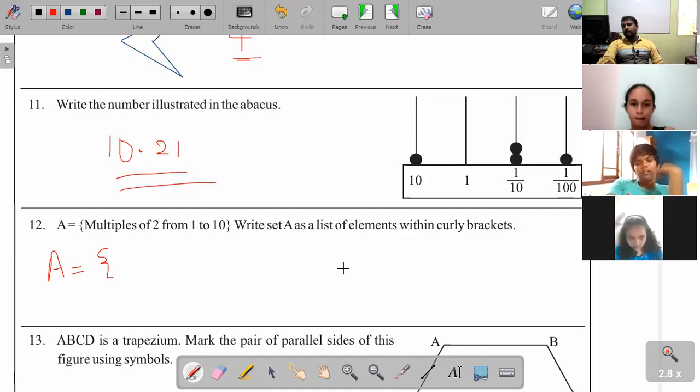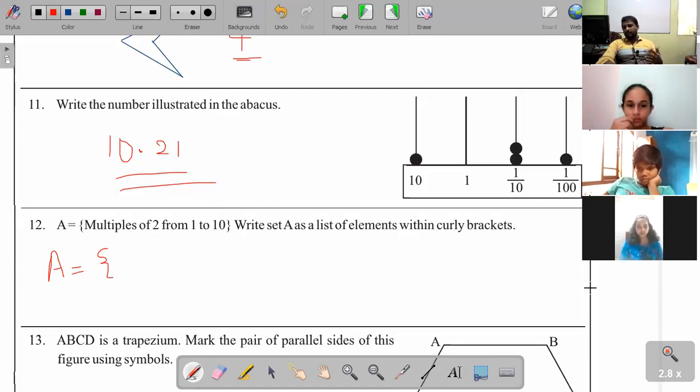One element you can write only one time. Between two elements, you have to put a comma. Look at multiples of 2 from 1 to 10. What are the elements?